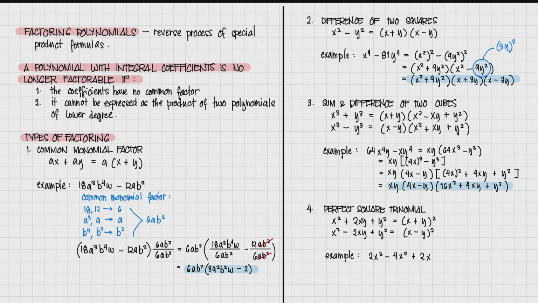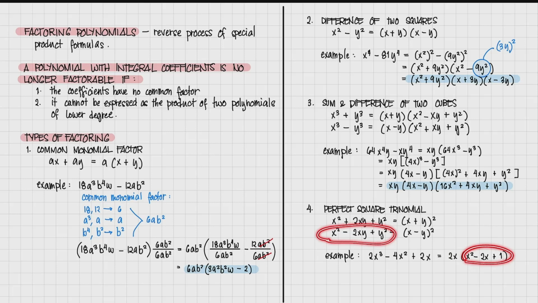So we're going to factor this completely. First thing, let's bring out the common monomial factor. In this case, it is 2x. If we bring that out, we'd have x squared minus 2x plus 1. And I think this one completely follows this pattern.